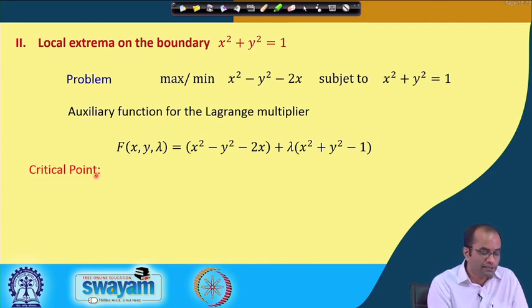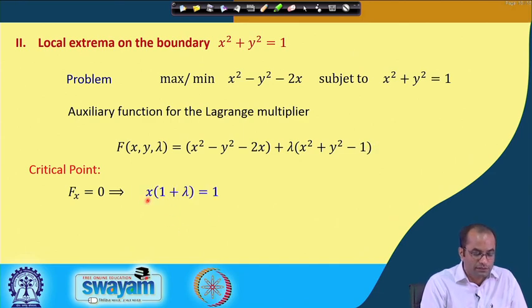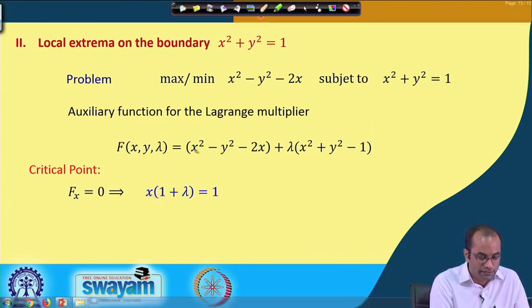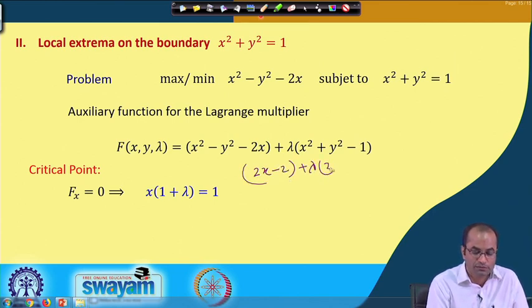So, we will find the critical points. f x is equal to 0, which will be 2x, and minus 2, plus lambda times 2x. So, then we can simplify. Just to look again here: with respect to x, we got 2x, and we got 2 here, plus lambda times 2x, is equal to 0.